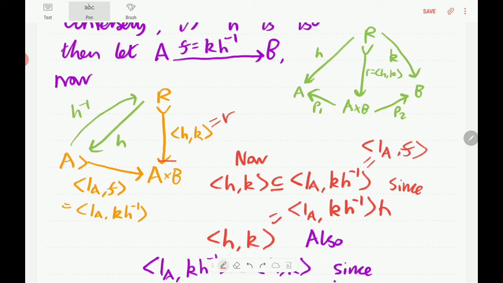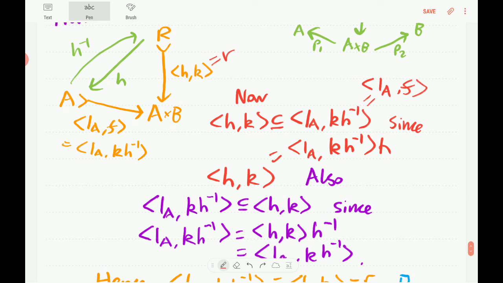So basically that shows that we have this equation holding, and that therefore shows that h comma k is in the graph of f. Now the other way around, we also have the graph of f, which I'm writing as identity a, comma k after h to the minus 1 to be a bit more explicit. But anyway, we have that the graph of f is in h comma k.